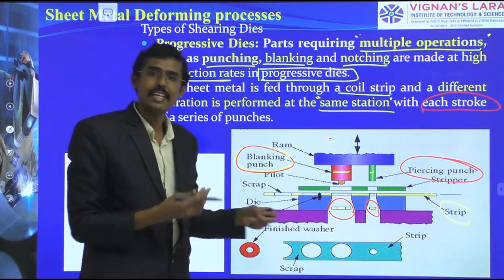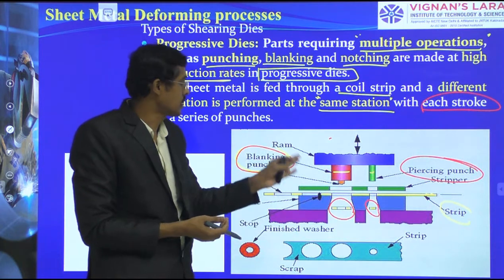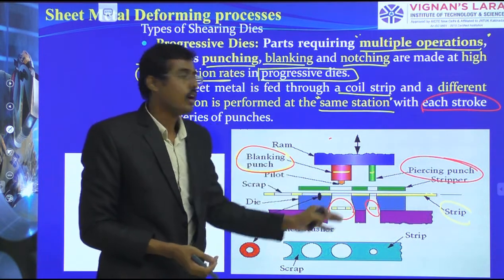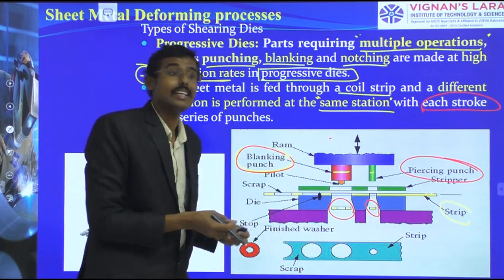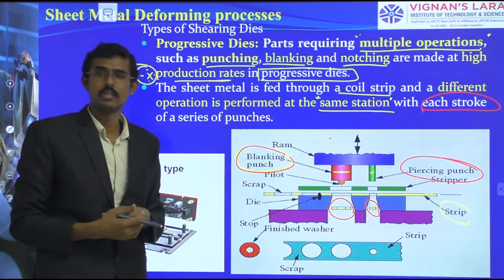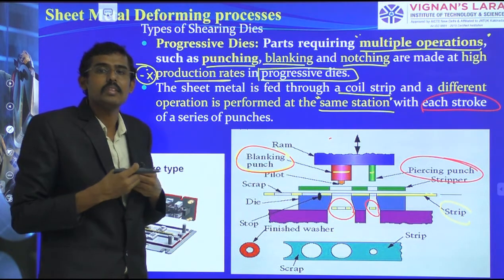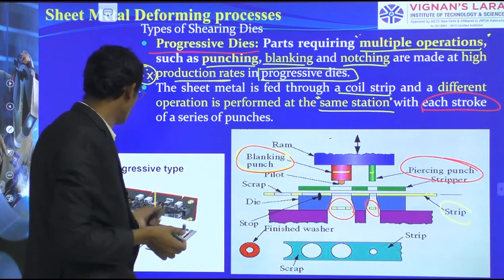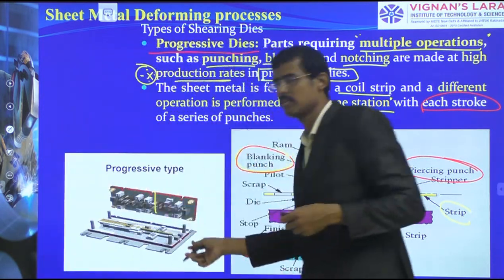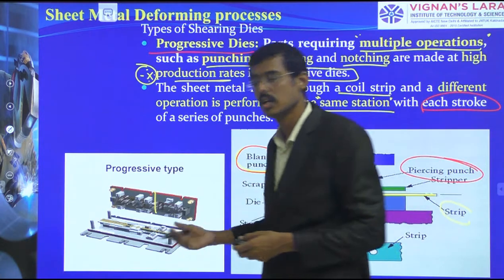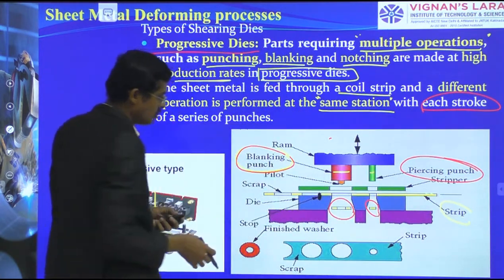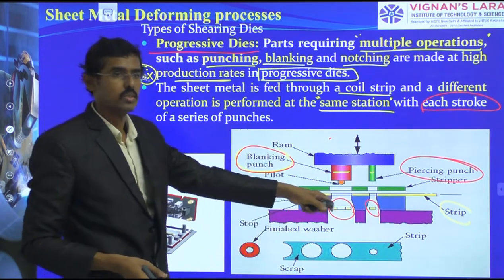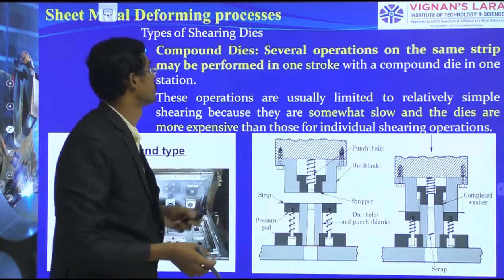So multiple operations such as blanking and piercing take place on a single stroke, at high production rate. So that is what I am naming a progressive die. So this is how it looks, some animated image of how it can be utilized. So blanking and piercing operations are done through the progressive die.